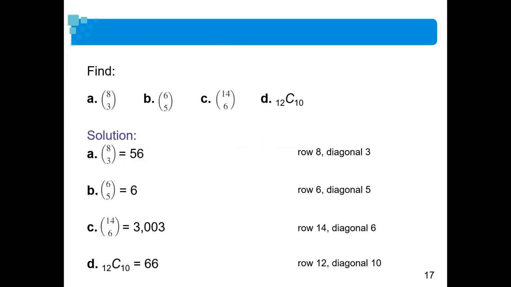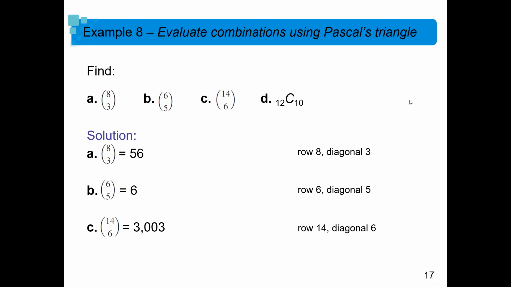So we did that. So letter D, you might be confused by this notation, 12C10, but that's just equivalent to 12 choose 10. 12 choose 10 is equivalent to 12C10.